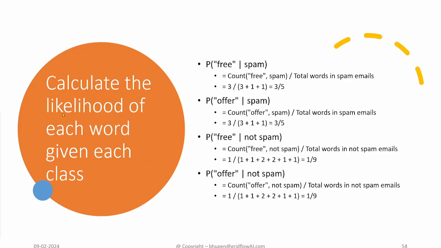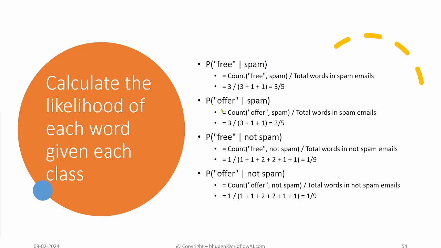Next, we are going to compute the likelihood of each of the tokens in a known class. For example, let's say free: how many times is free present in the emails belonging to spam? We just count it and divide it by the total number of words in the spam class.